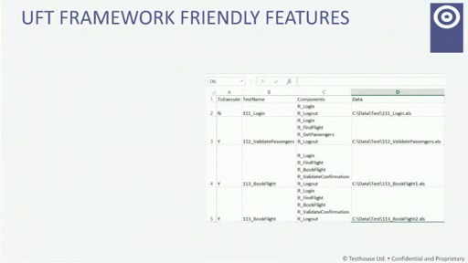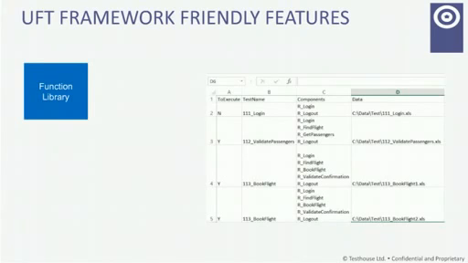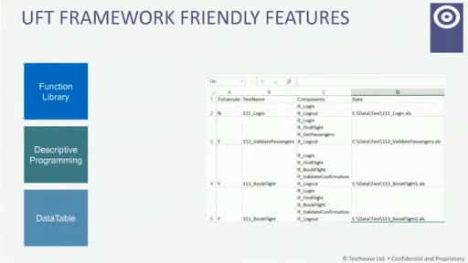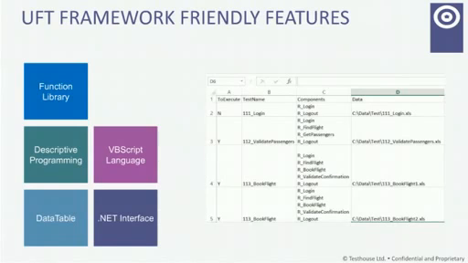There's also a few other aspects which make it easy for you to build frameworks. There's what we call a function library, so it's VB-script functions you can write and reuse across tests. Descriptive programming is a very useful one.